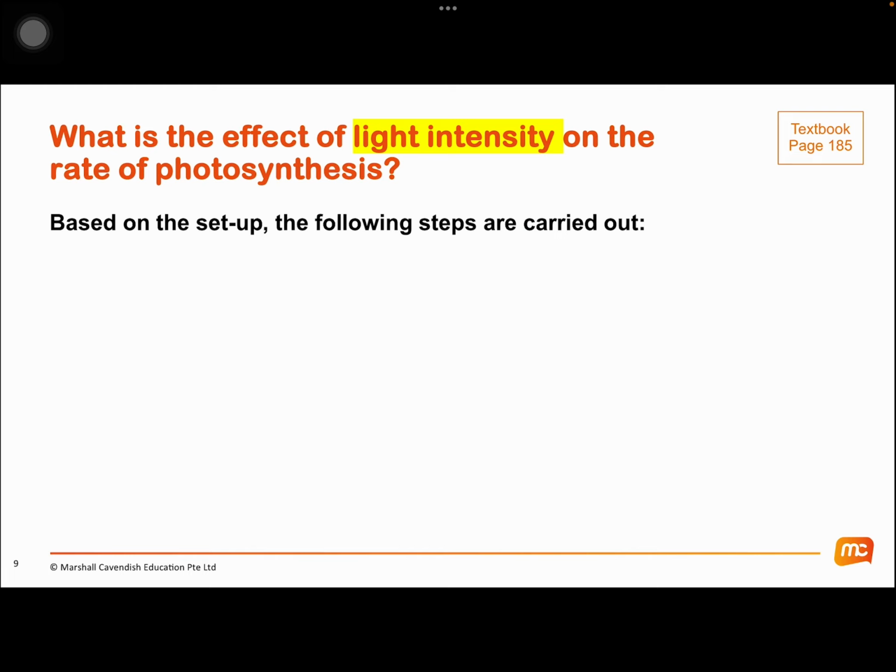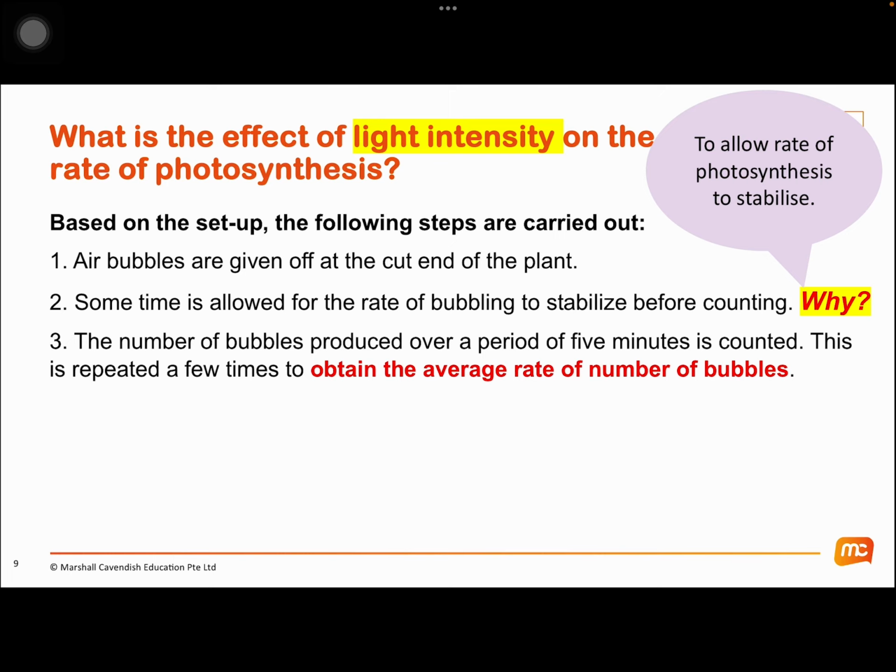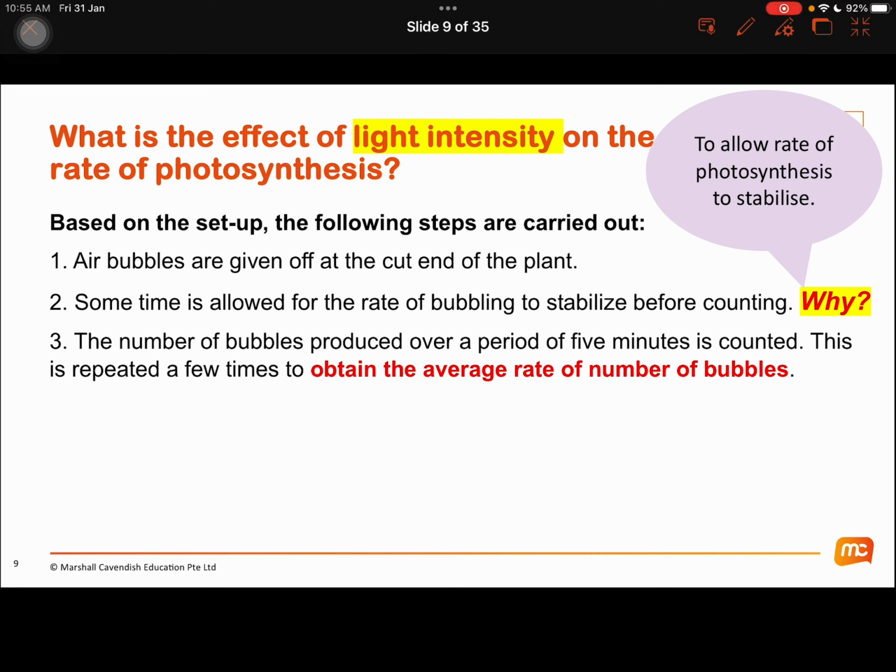Alright, so we have seen in the setup, the following steps are taken. Air bubbles are given off at the cut end of the plant, and some time is allowed for the rate of bubbling to stabilize before counting, as I've already addressed. The number of bubbles produced will be counted over a given period of time, and this should be repeated to obtain the average rate of number of bubbles.